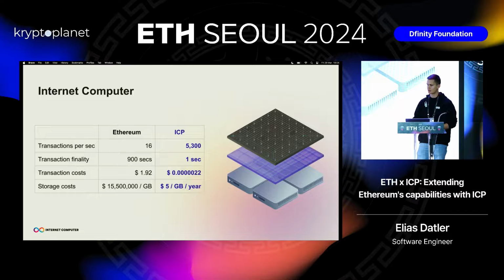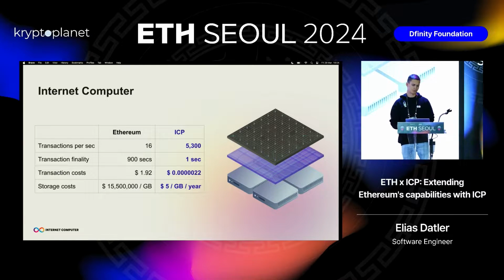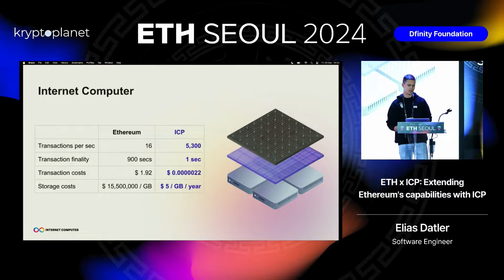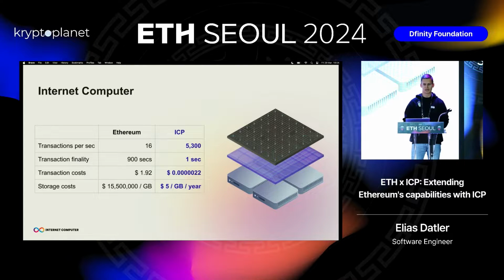Now if we compare this to Ethereum, those numbers are from a few days ago, but the proportions don't really change that much. You can really see Ethereum can process about 16 transactions per second. On the IC, we can have over 1,000, multiple thousands, with the peaks being even higher.